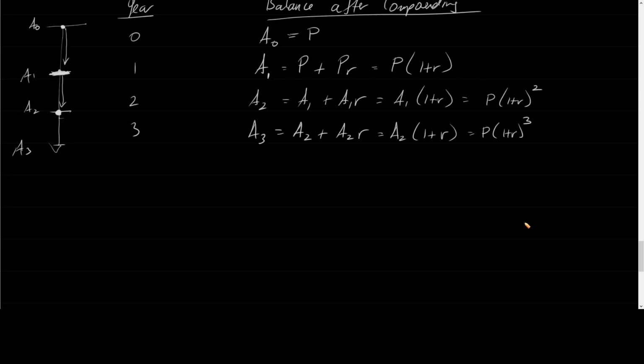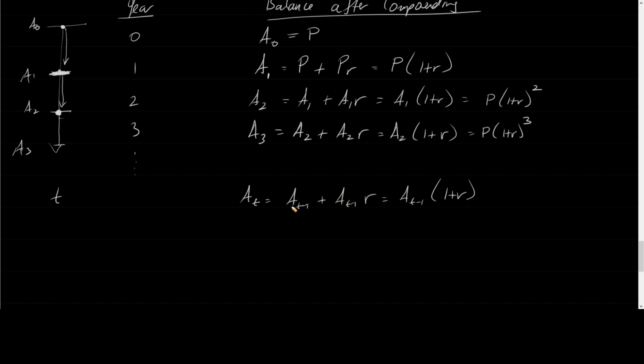And as time goes on, this pattern continues, right? So if I look at just some generic time t, our A sub t is going to be essentially A sub t minus 1 plus A sub t minus 1 times R. We're going to be able to factor out that A sub t minus 1 times 1 plus R, right?